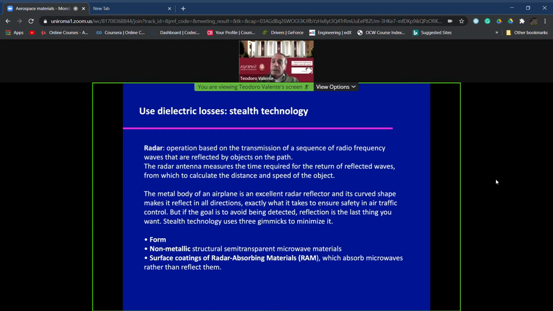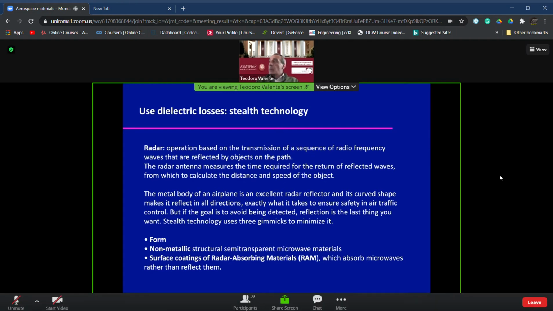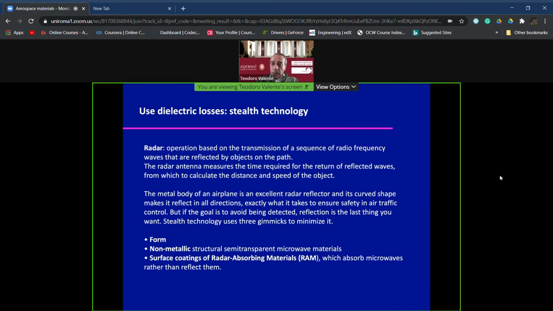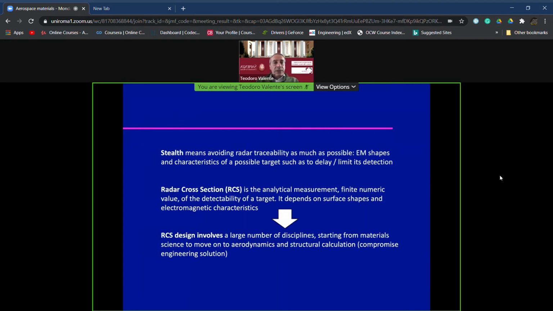Because this is a topic in which many disciplines are involved, and apart from the possibility to define materials which, for their properties, are transparent, semi-transparent, or non-transparent to microwaves, or materials which can absorb microwaves, also shape and size, obviously, but mainly the shape of the flying object, that is the form, plays a very important role.